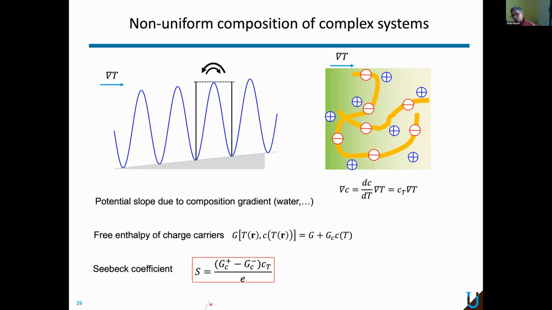Then there is a second contribution, which is the derivatives of the enthalpy at the bottom of a well with respect to the water concentration of cations and anions, again the difference, and this is the non-uniform concentration of the water or this molecular component due to the temperature. So this is the picture we came up with, which gives rise to such a Seebeck coefficient.